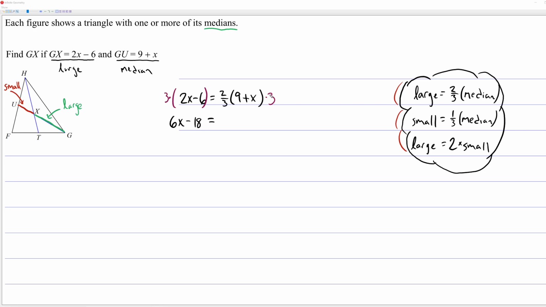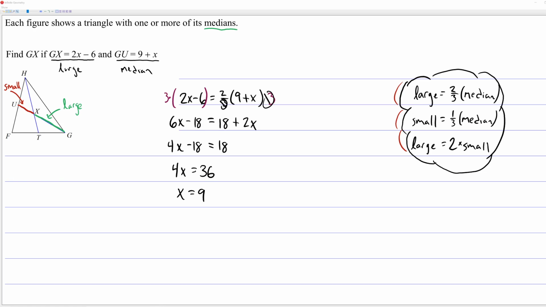On the right-hand side, the 3 cancels with the 3 in the denominator, leaving me with just this 2. So I have 18 plus 2x. So now if we subtract 2x, we have 4x minus 18 equals 18. And then if you add 18 to both sides, we have 4x is 36. Divide by 4, and you get x equals 9.